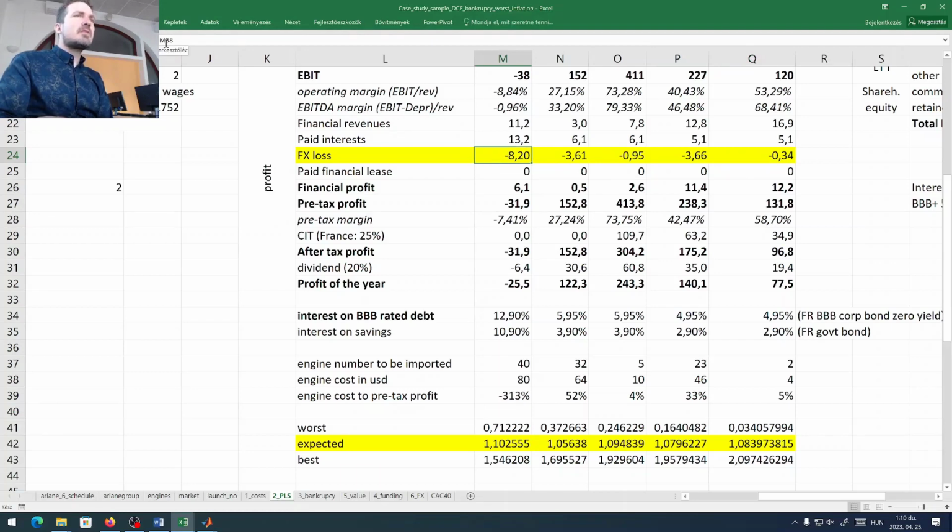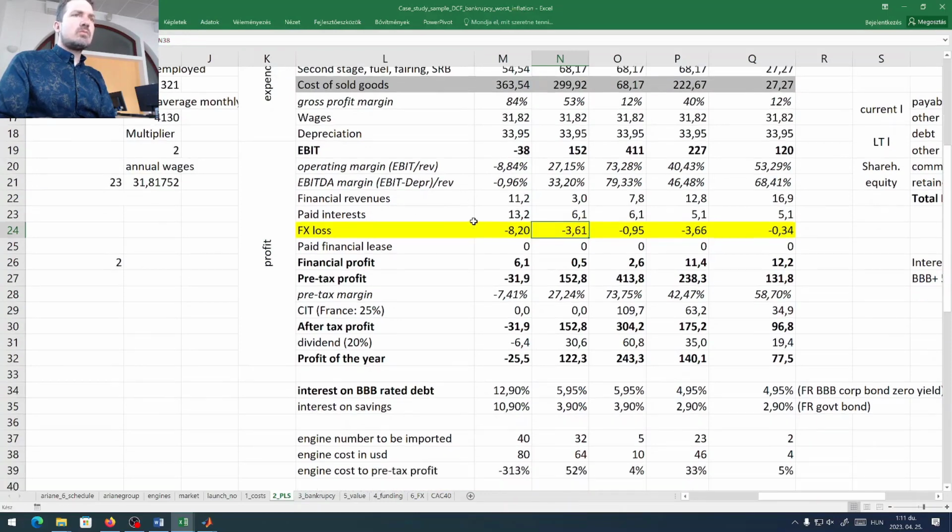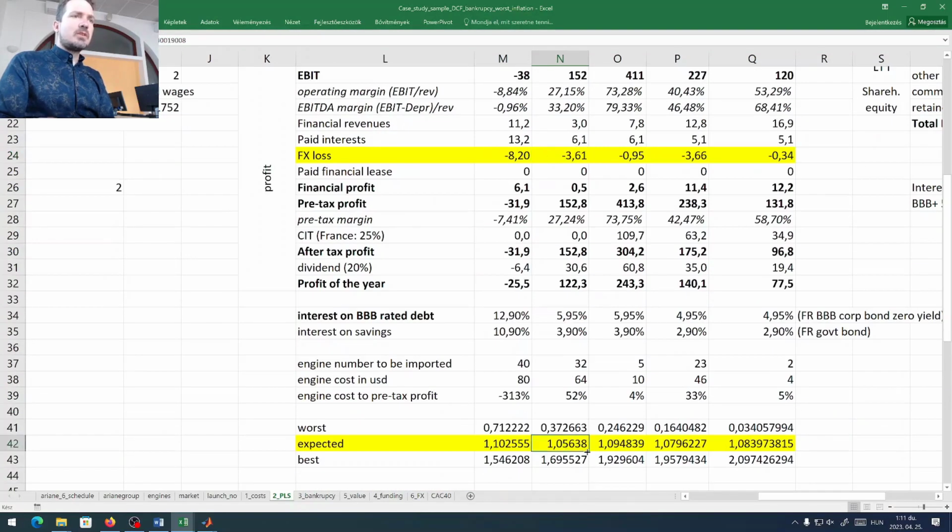Maybe I messed up something. No, because after that it goes back to 1.